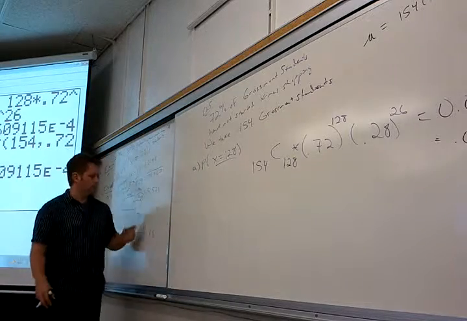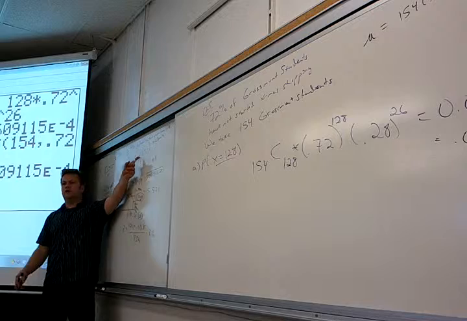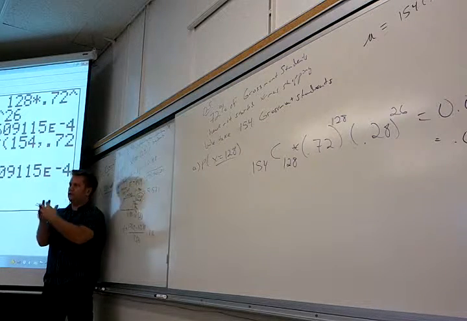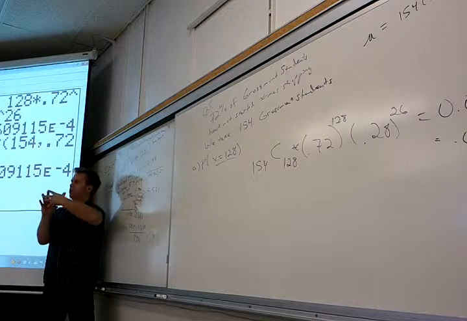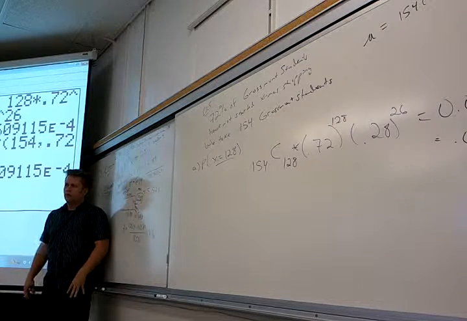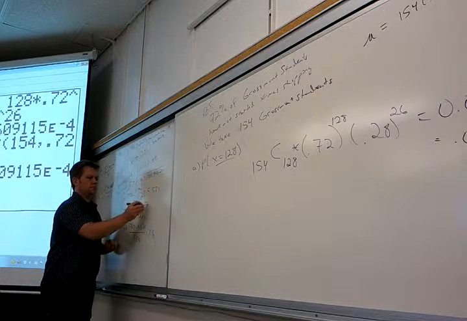That's why this one's a little more fair. The probability of more than 128 at least gives you an area. Now it's not exactly 128, it's this whole area of more than 128. And that's 0.08% that there's more.